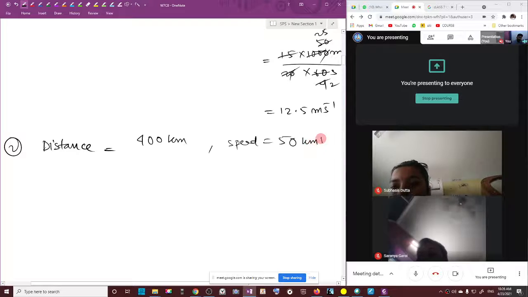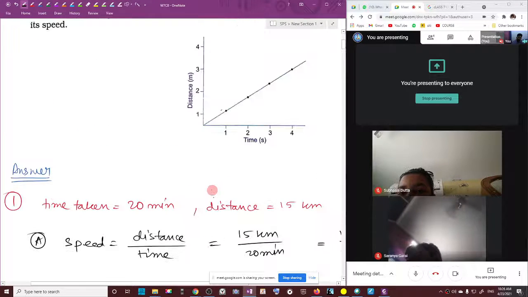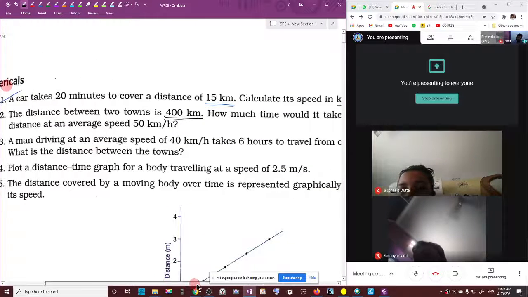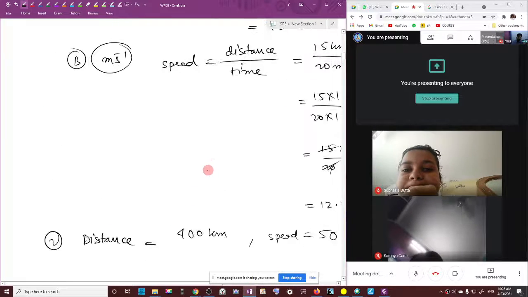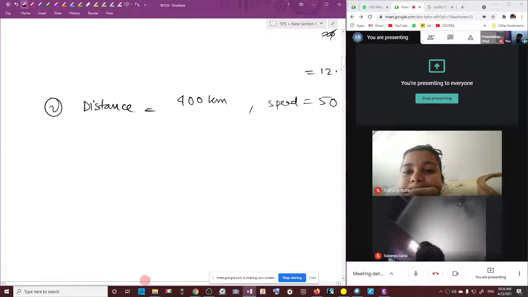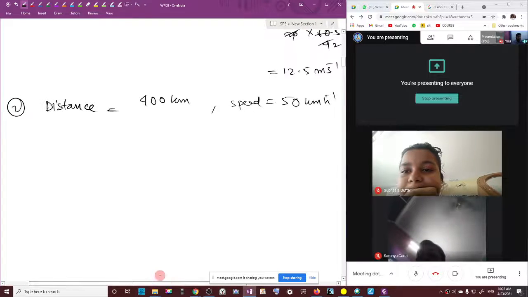Now it has been asked how much time it would take a car to cover this distance, so we need to find the time. It has not been told whether the time has to be in hour, minute or second, so we can find it in any unit. As hour is comfortable for us, we will find the time in hour.